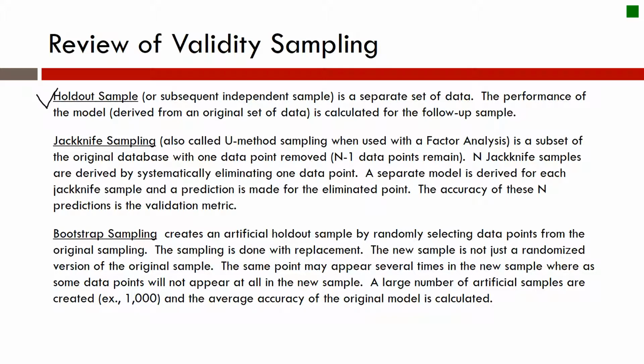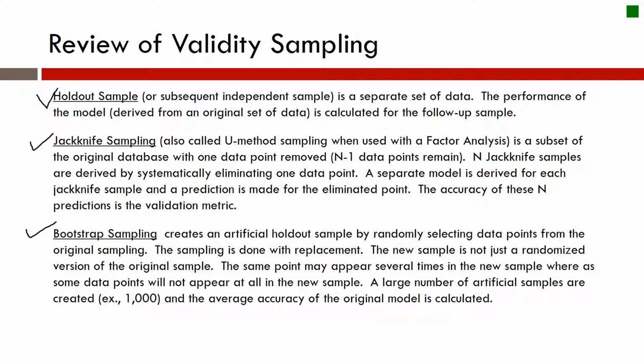There are other validation methods, bootstrapping and jackknifing. Bootstrapping and jackknifing basically are techniques where you repeat the process over and over and over again, and sometimes you even create new data that would simulate the data that you had.